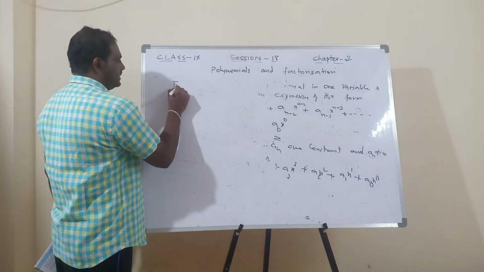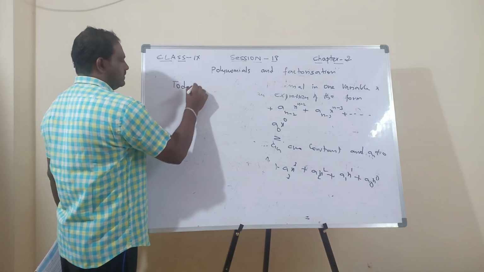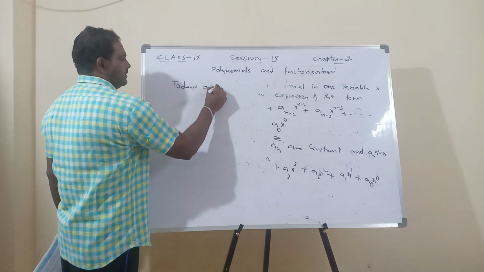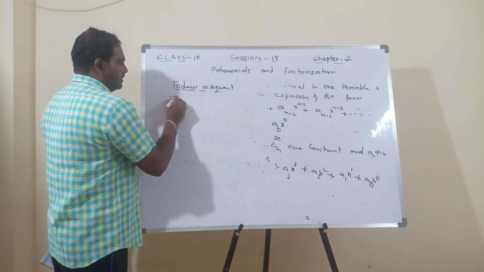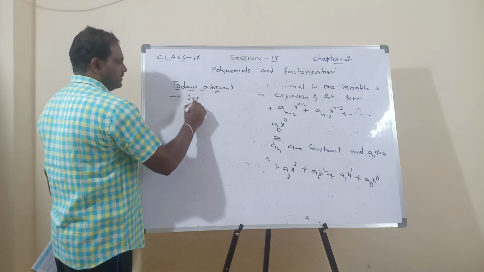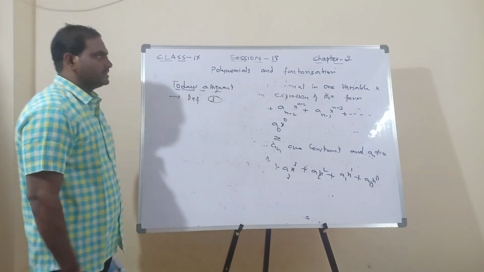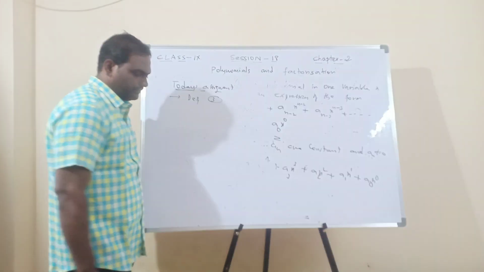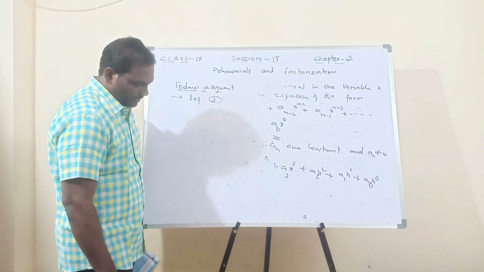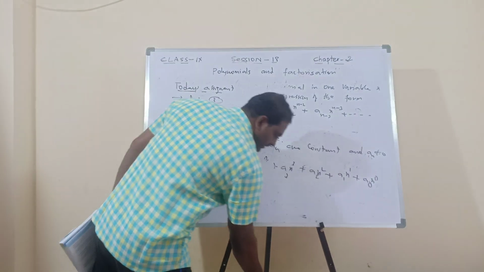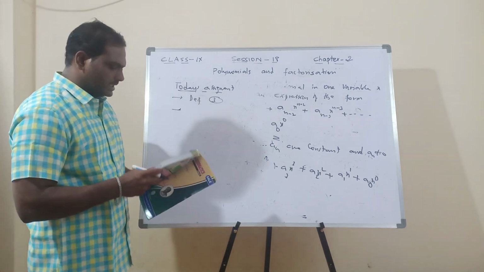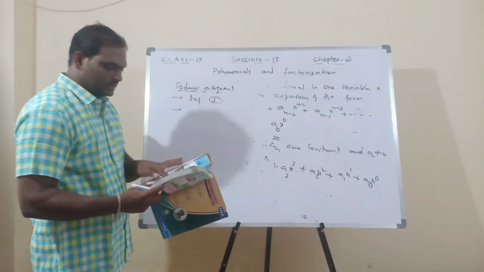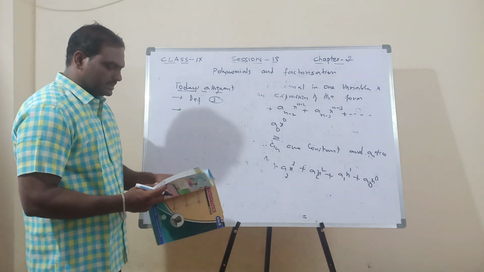Today's assignment: definitions. I told 3 definitions: what are polynomials, what is the degree of a polynomial, and what is a polynomial in one variable. Then next I explained some questions, some tasks given in the textbook.